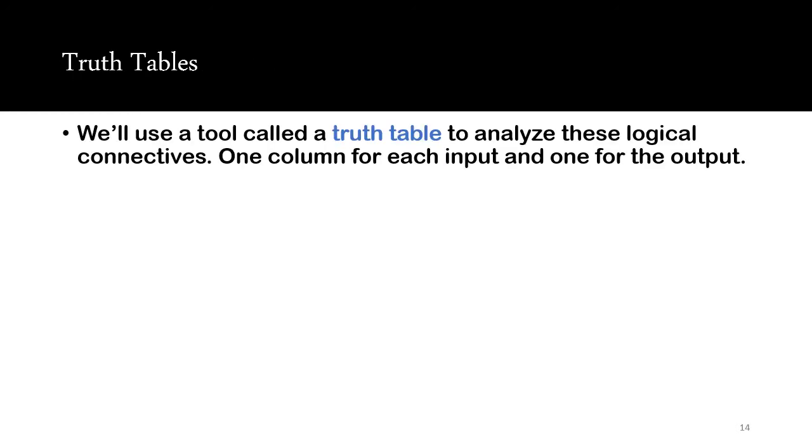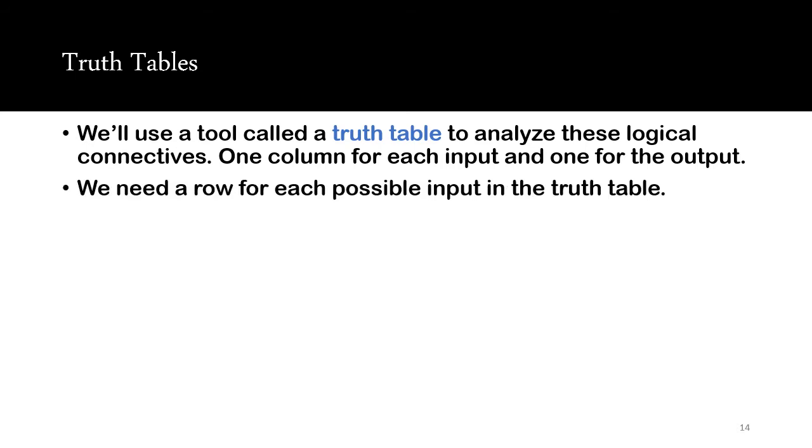So, truth tables. What are they? We'll use a tool called a truth table to analyze these logical connectives. One column for each input and one for the output, and we're allowed to have intermediary steps. We need a row for each possible input in the truth table.